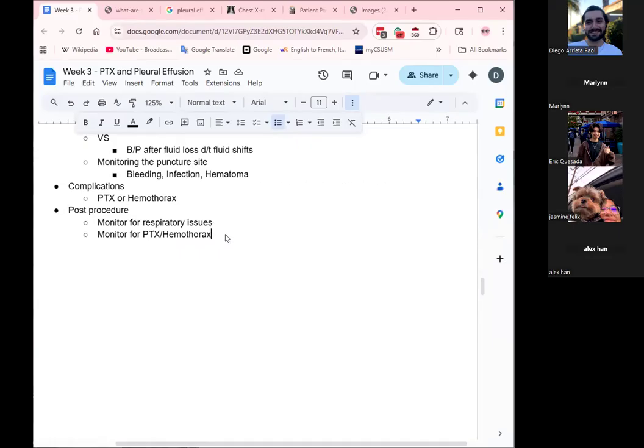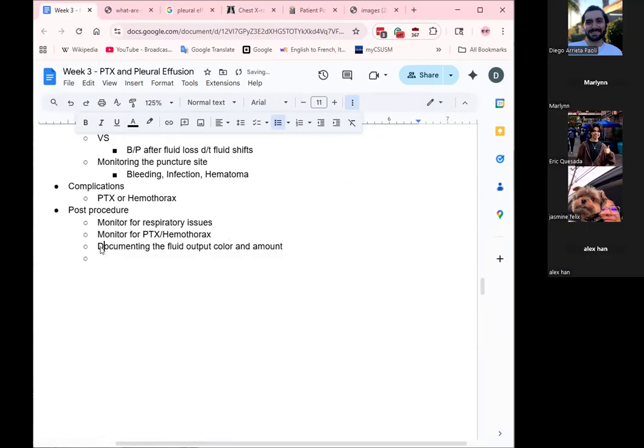So you're going to be documenting the fluid output, the color, and amount. Whatever color it is, whatever amount it is, you'll document that.